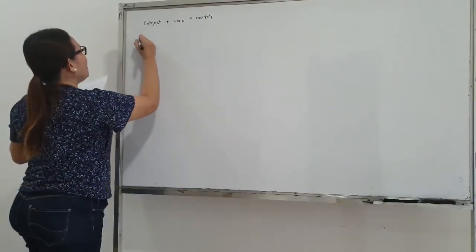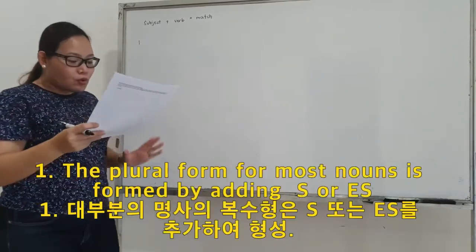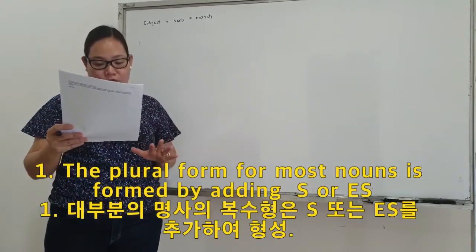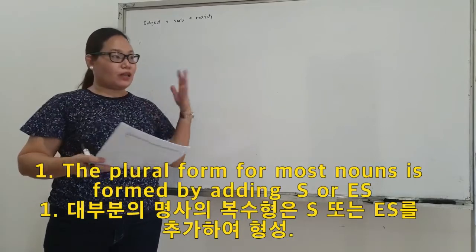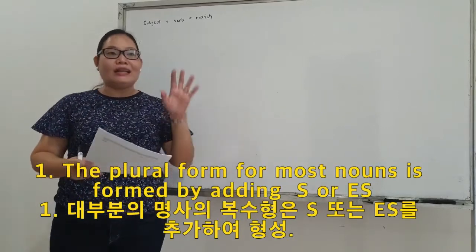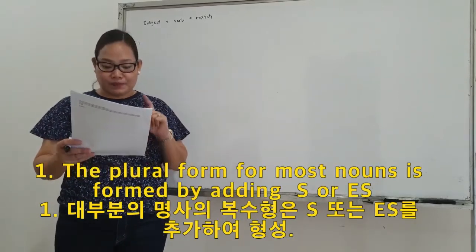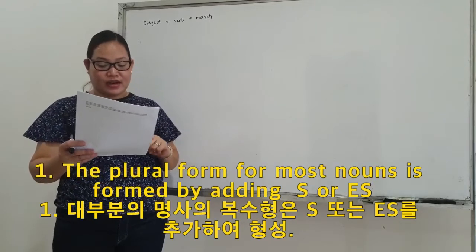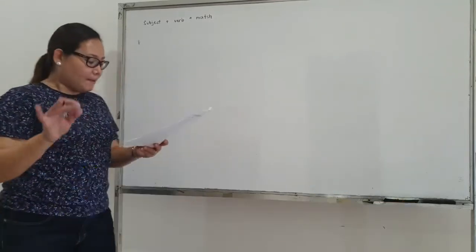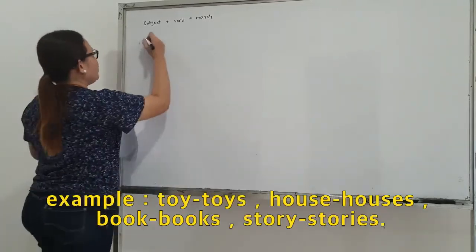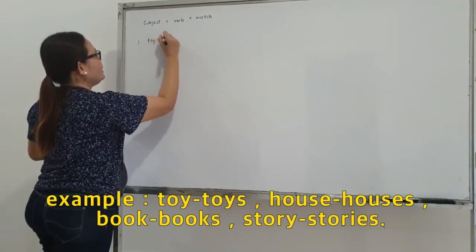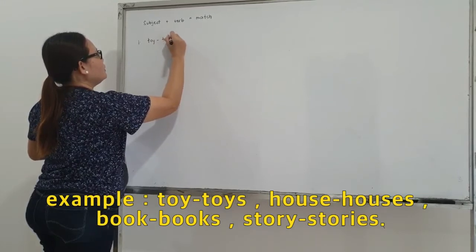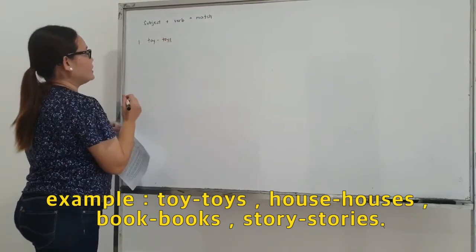So, number one, for plural forms. For most of the nouns, as I have mentioned a while ago, it is formed by adding s or es. For example, for the word toy, this is singular, so to make it plural, you just have to add s.